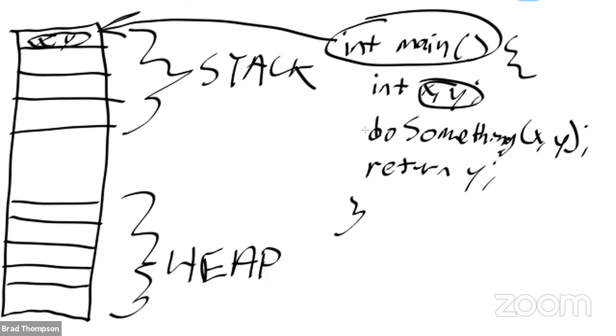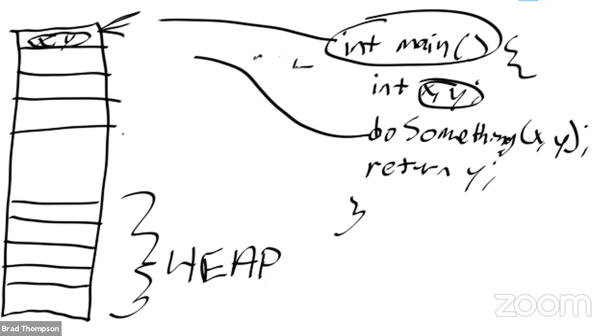I'm going to call this other do something function, which when I call it gets put into its own stack frame, or chunk of memory in the stack. And it gets its own copy of X and Y to play with.